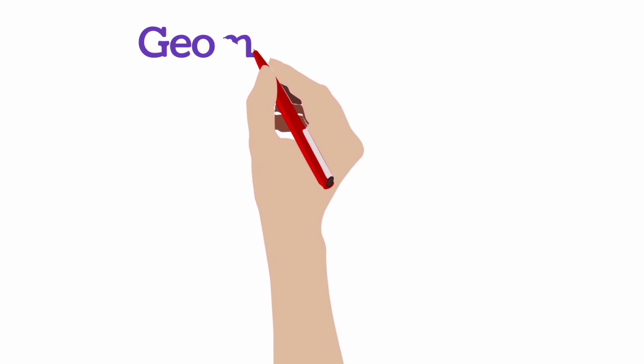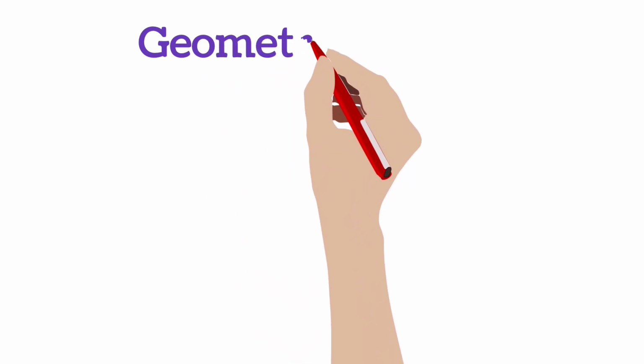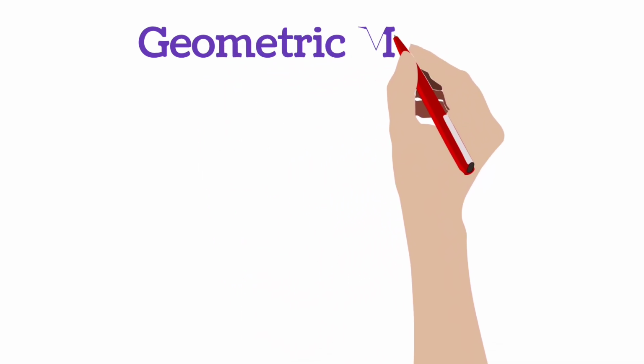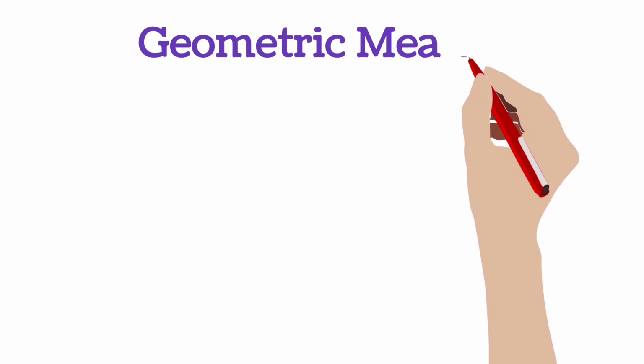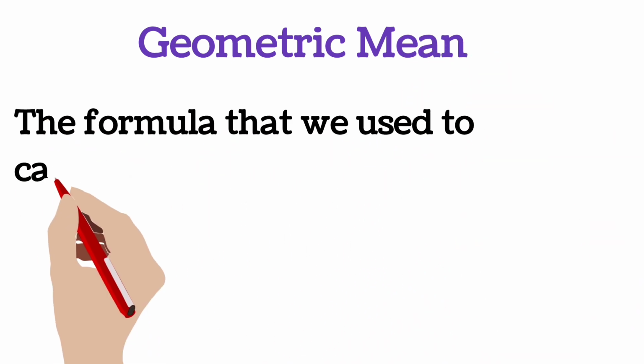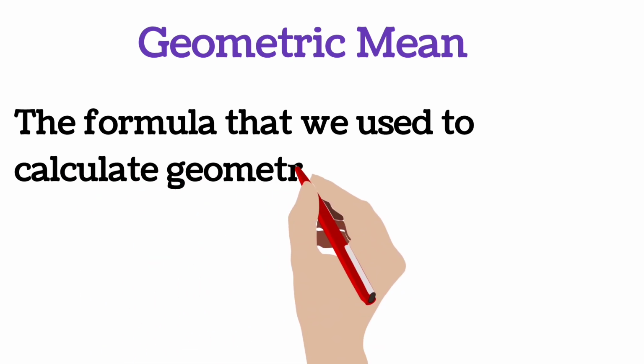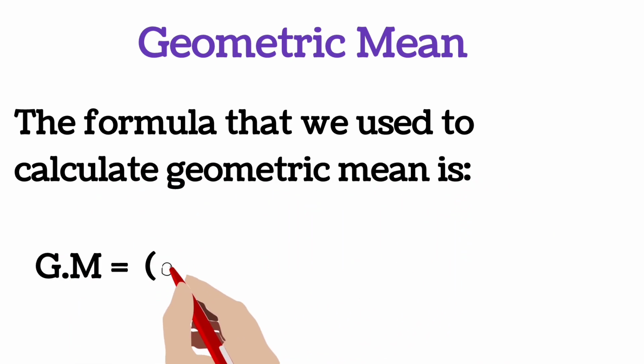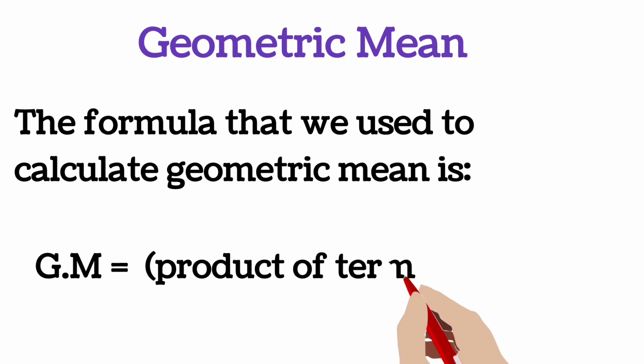So the next concept is geometric mean. The difference between arithmetic mean and geometric mean is simple. In arithmetic mean, we sum up all the numbers, and in geometric mean, we multiply all the given data values and take the nth root of that product, where n is the total number of terms.